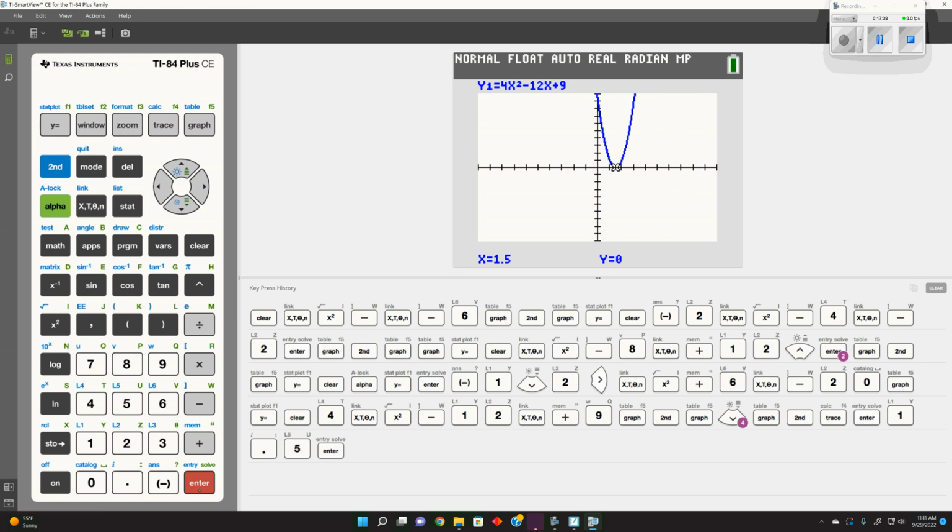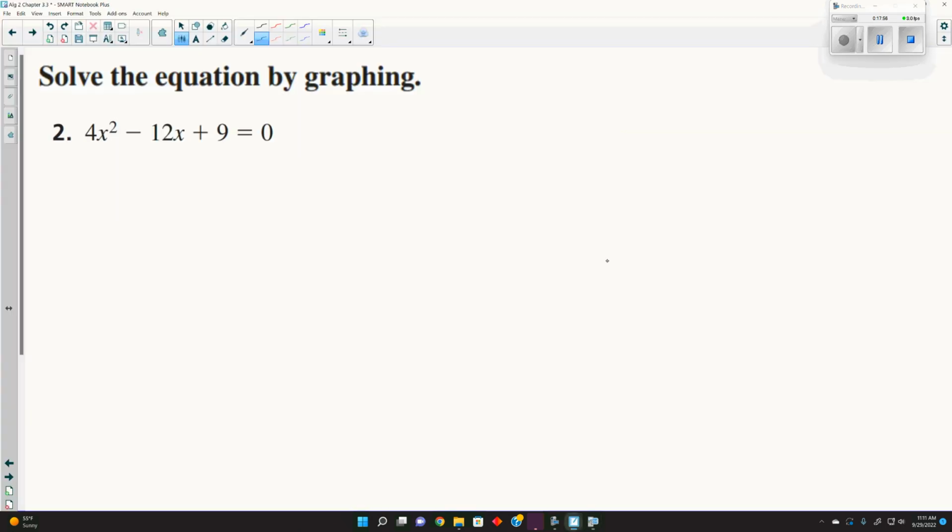And if we hit enter on the first one, value, we can type values in for it to estimate or tell us what the y value would be. And when x is 1.5, the y value is 0. Well, I knew this one here. So that's one way we could check it. But really, since this doesn't give us a nice value, we could factor it.